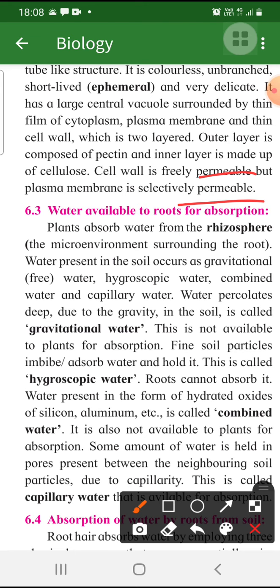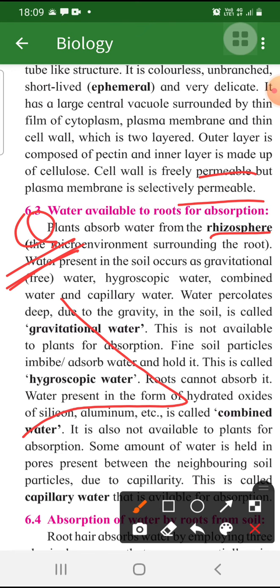Next, it is the types of water. Again, another question which you should be knowing from this chapter. What are the different types of water available to the roots for absorption? First we will see what the different types of water are. The area from which the plant absorbs water is called the rhizosphere. That's a small environment around the root.